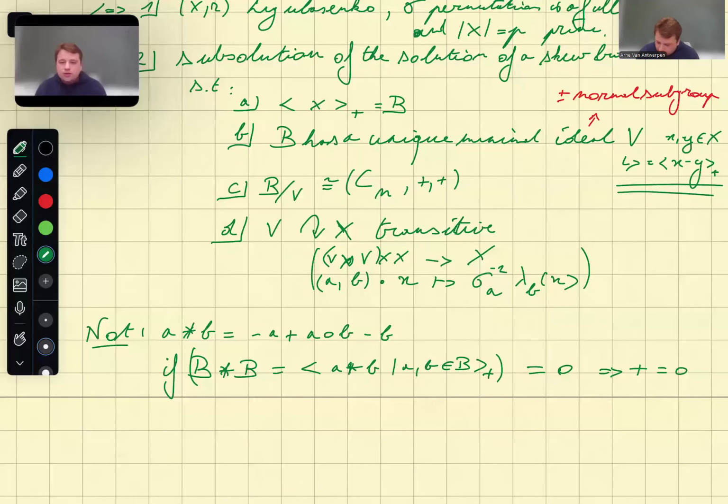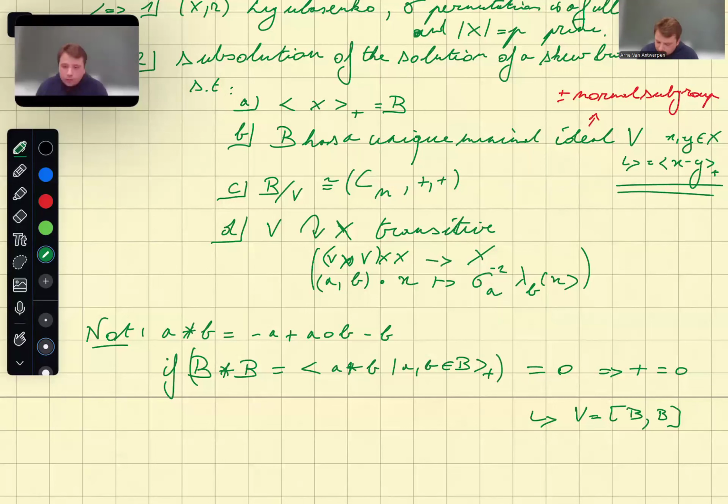If this, which is the definition, is 0, that would mean that the two group operations coincide. This can for sure happen for a simple solution. In this case, V has to correspond to the commutator subgroup of the additive group.